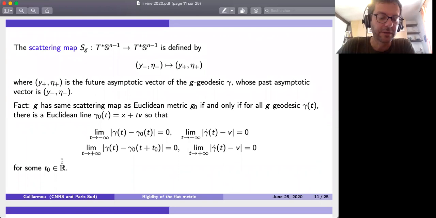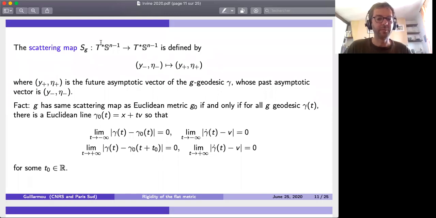So how do we define the scattering map? Well, first we take a covector y minus eta minus, which I view as an asymptotic vector in the past. I take my G geodesic, which is asymptotic to it in the past. And then I look at its future asymptotic vector, y plus eta plus.